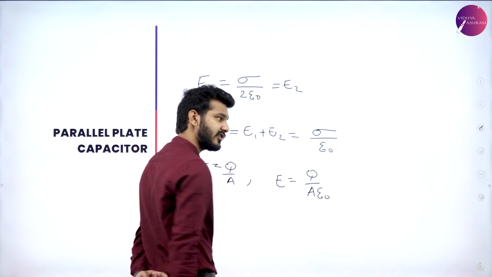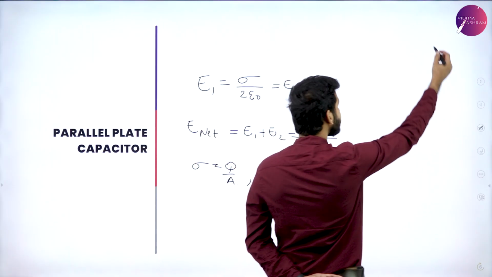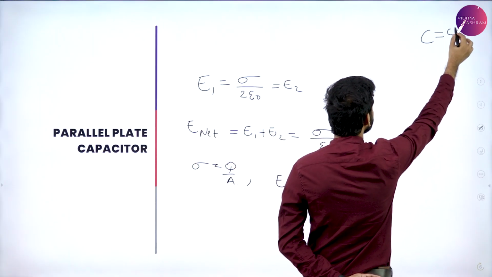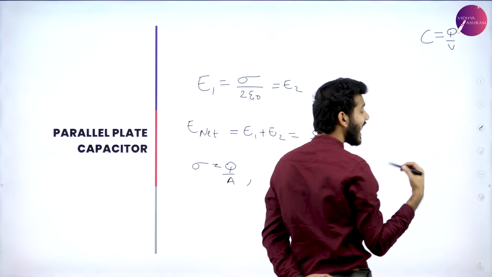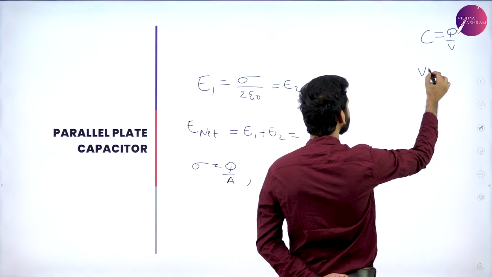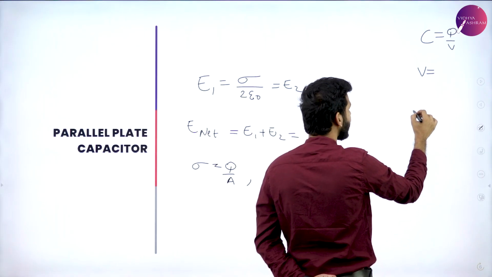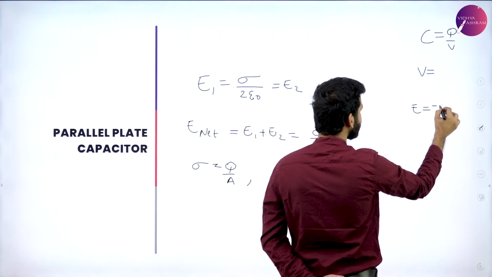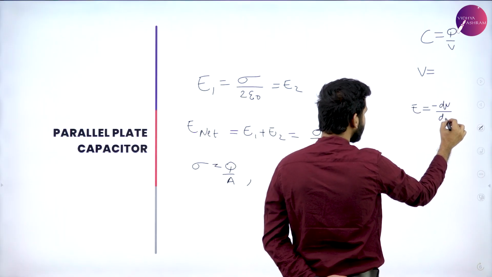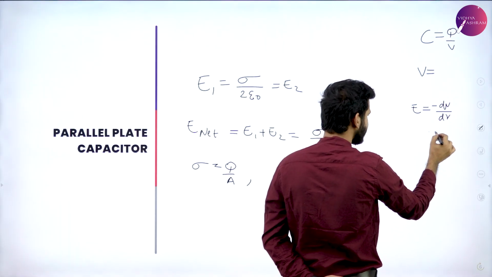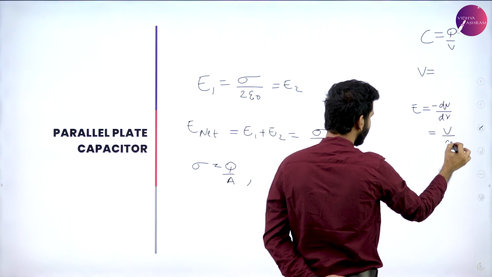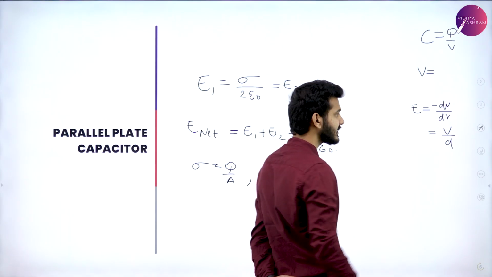But we also knew that the equation for capacitance C is equal to Q by V, and V is given by, from the formula E is equal to dV by dr, or it can be simply written as V by d, potential by distance.